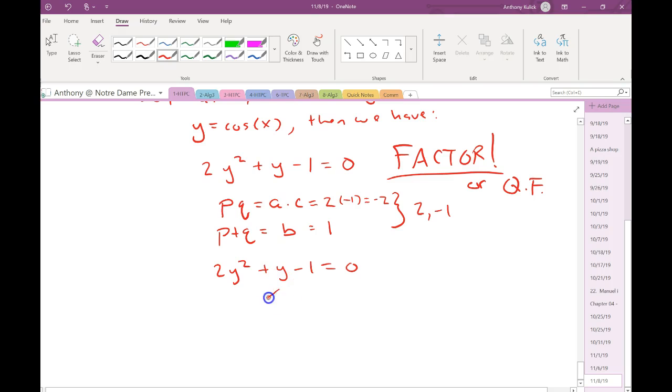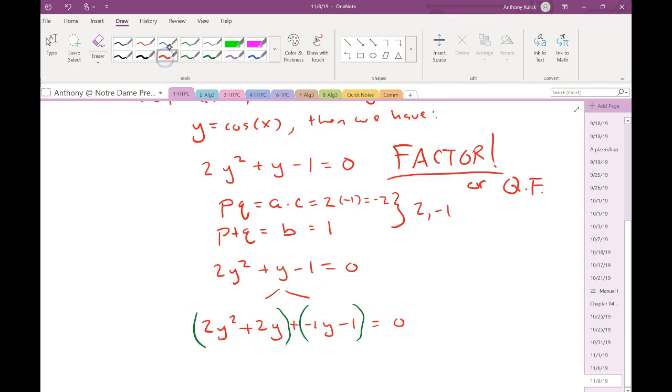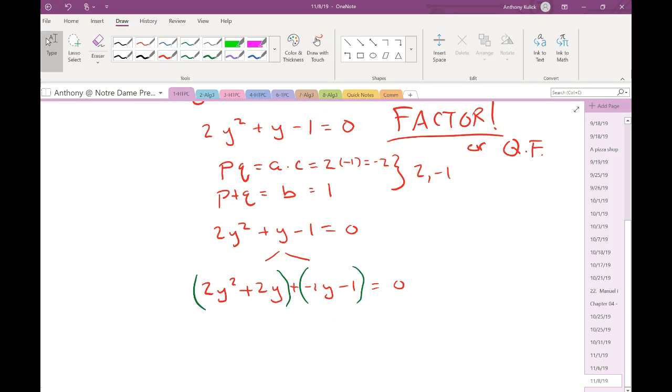Now that I've done that, I'm going to break up the 1y into 2y plus a negative 1y. And then I'm going to make my two groups. From the first group, I can take a greatest common factor of 2y.